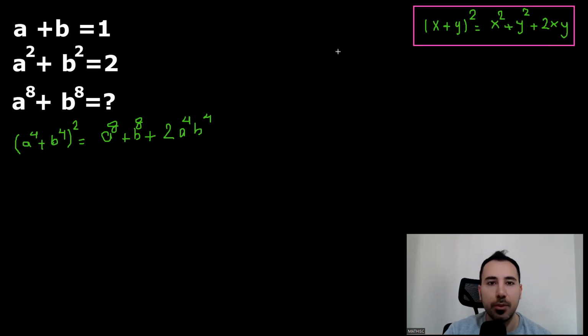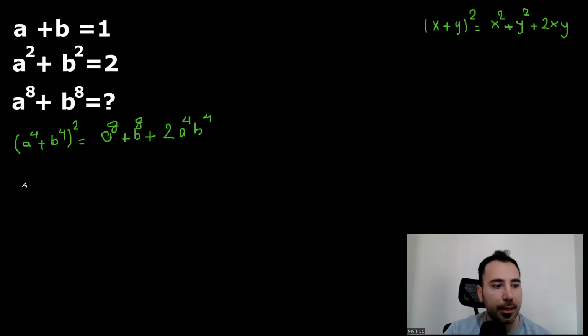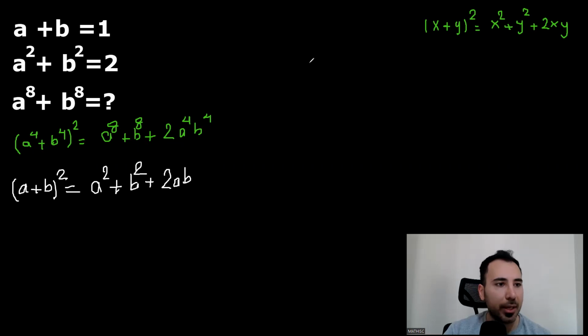Instead of x and y, we just have to write a and b. So we know that (a plus b) squared, of course, very simple, will be a squared plus b squared plus 2ab. Now let's see which one we have.